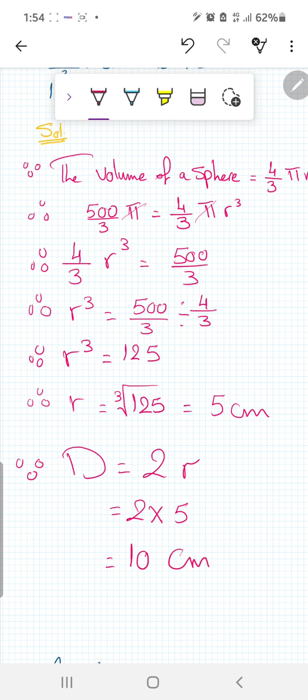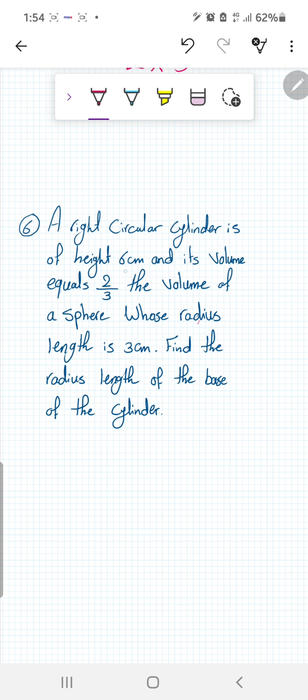The last example. A right circular cylinder is of height 6 centimeter and its volume equals 2/3 the volume of a sphere. Here we have two solids, sphere and cylinder, and the relation between their volumes. The volume of a cylinder equals 2/3 the volume of a sphere.